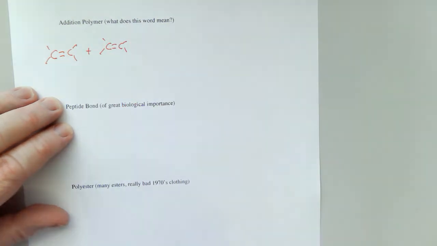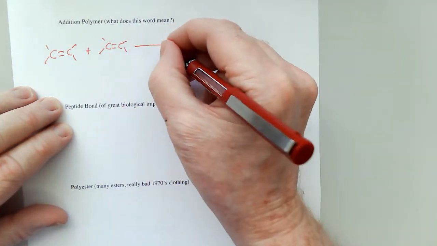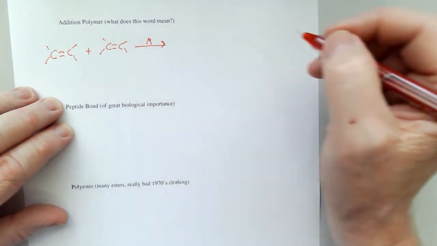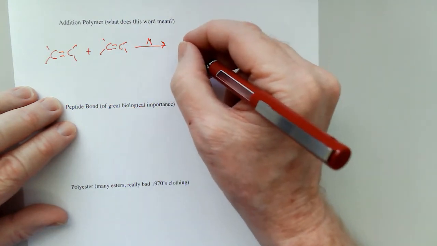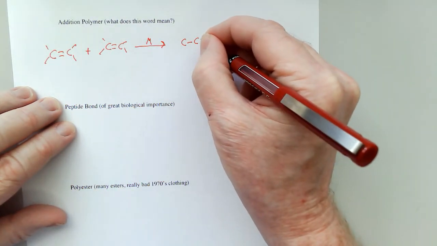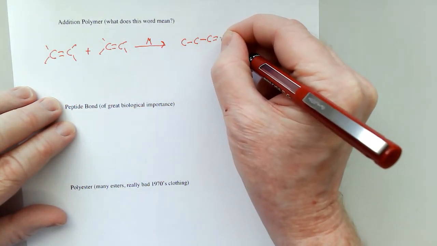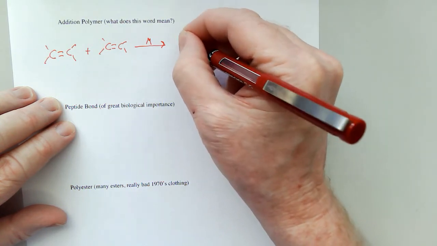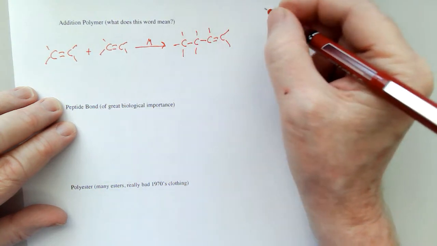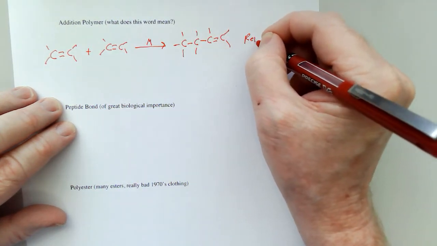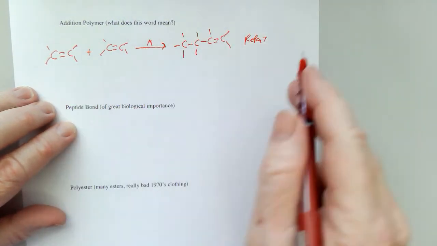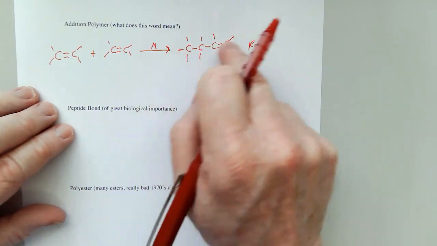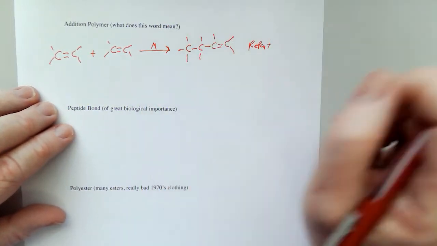We'll make polyethylene in the presence of a metal, because again we're breaking open a double bond. Carbon, carbon, carbon, double bond, carbon. And then repeat. And do it over and over and over again, and this can become really, really long.